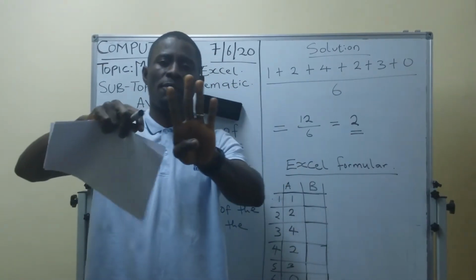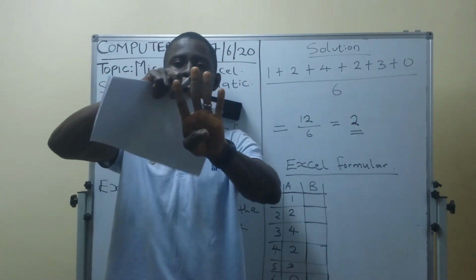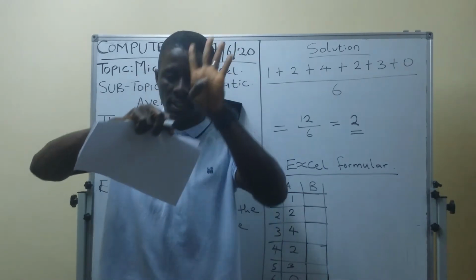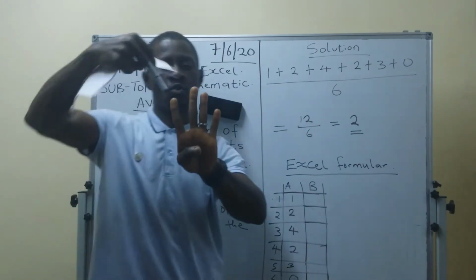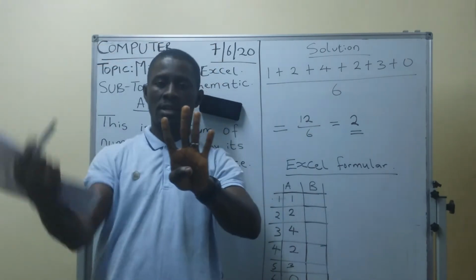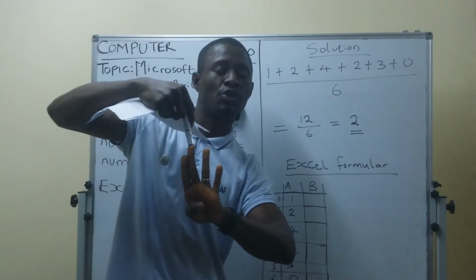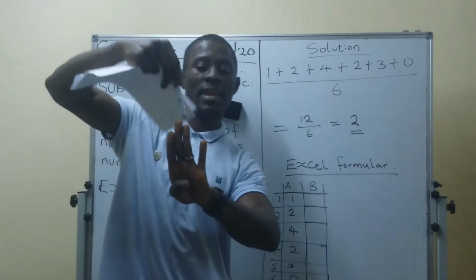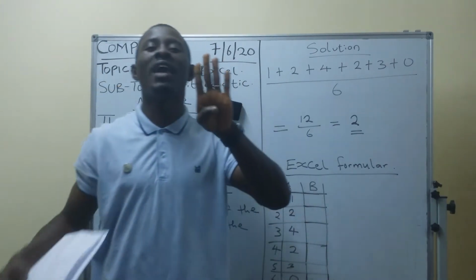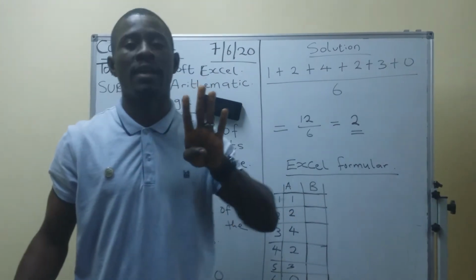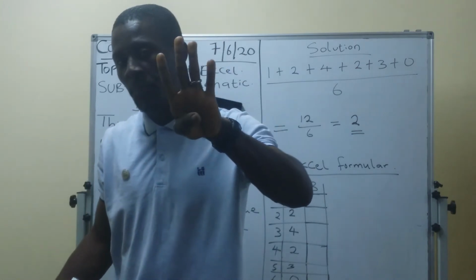So this is 4 numbers. For example, we have 1, 2, 3, 4. This is 4. So each number occurred once. It occurred 1, it occurred again 2, it occurred again 3, and it occurred again 4. So the number of occurrence is 4.